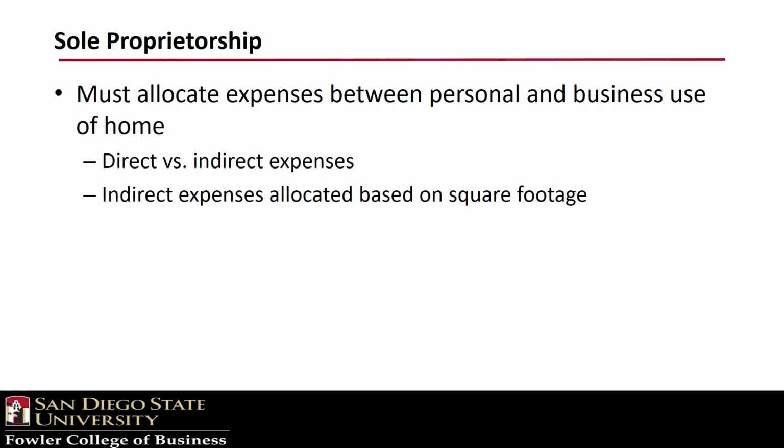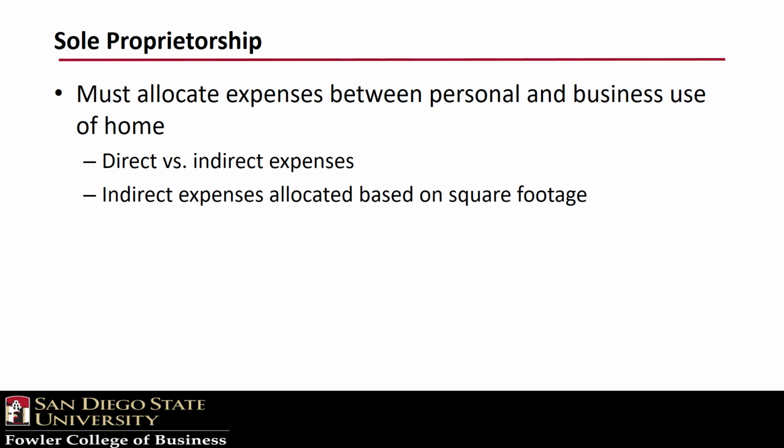For example, the home typically has only one electric bill, and the cost of electricity, therefore, is both a personal and business expense. So most often, indirect costs such as utilities, cleaning, depreciation, they're going to be allocated between personal and business use based on the proportion of home office square footage to square footage in the total home.